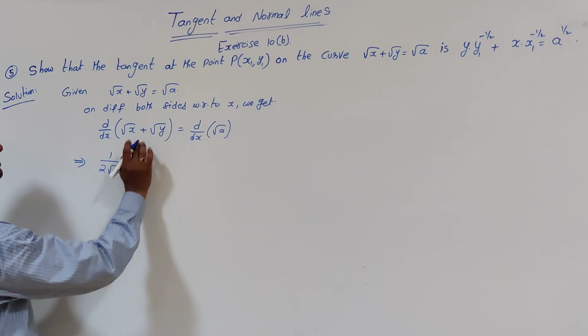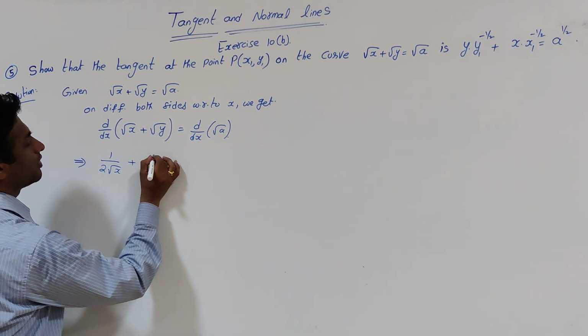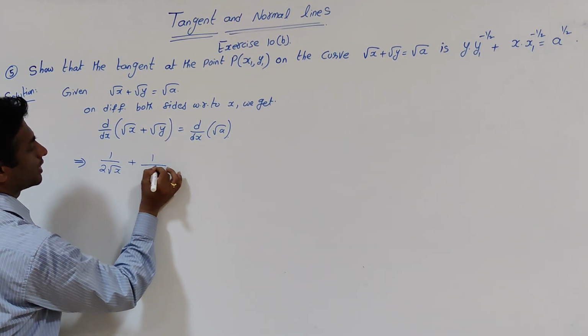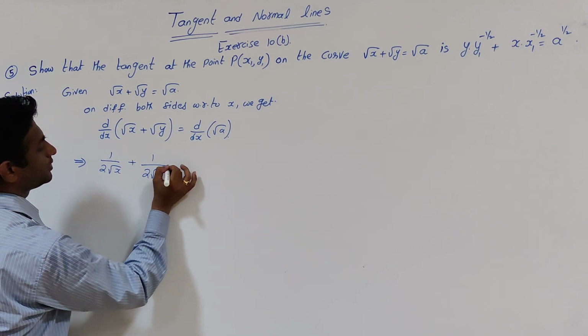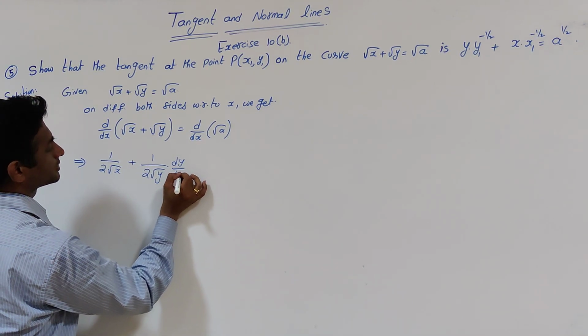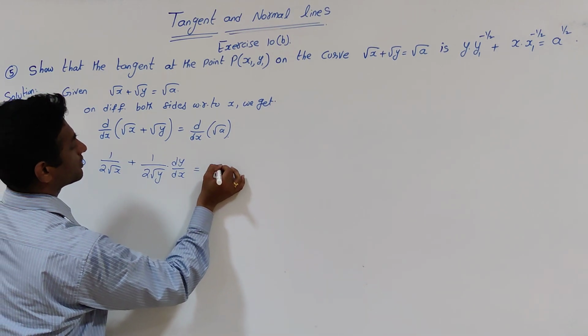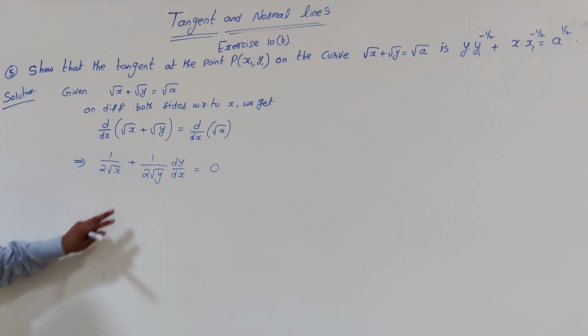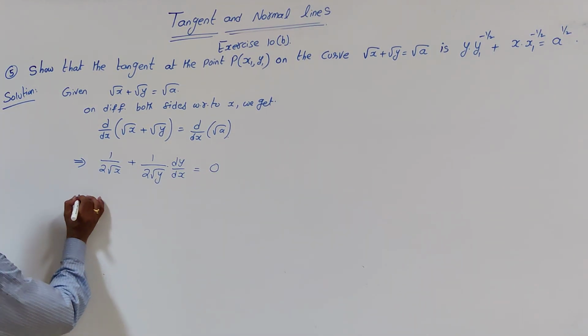Plus, and what is the derivative of root y with respect to x? It is 1/(2 root y) into dy/dx, equal to the derivative of the constant, which is 0. Now from this we require dy/dx.